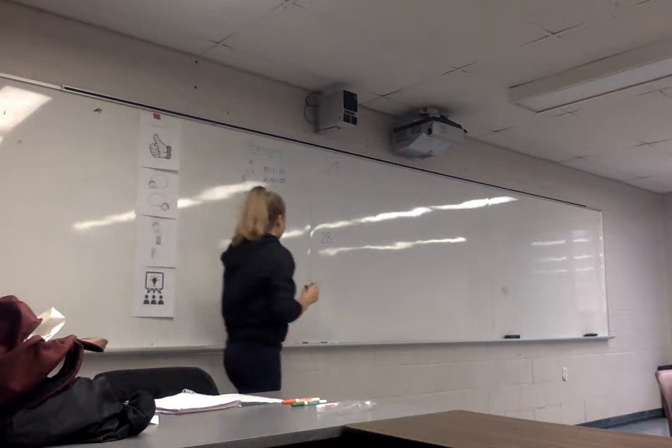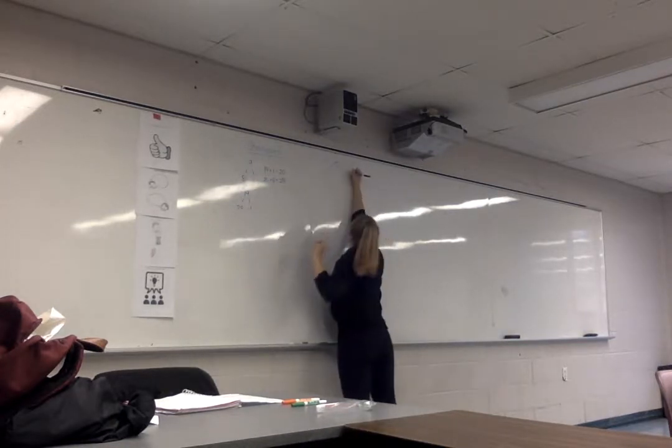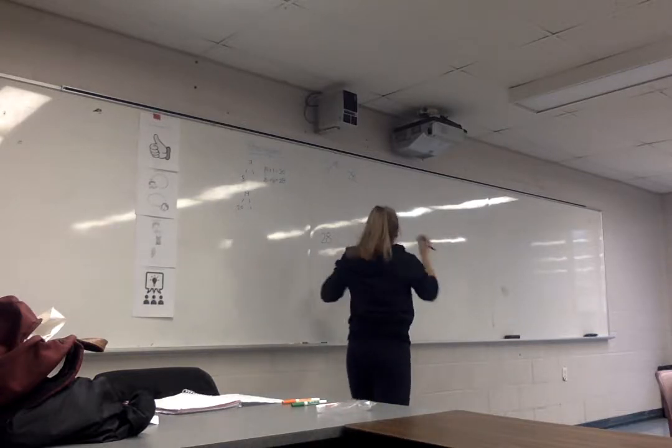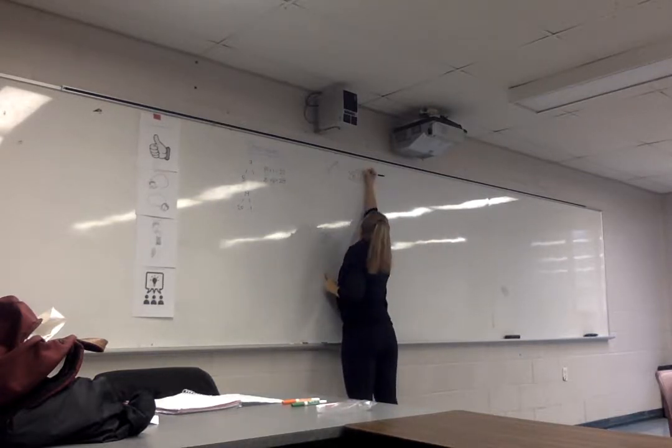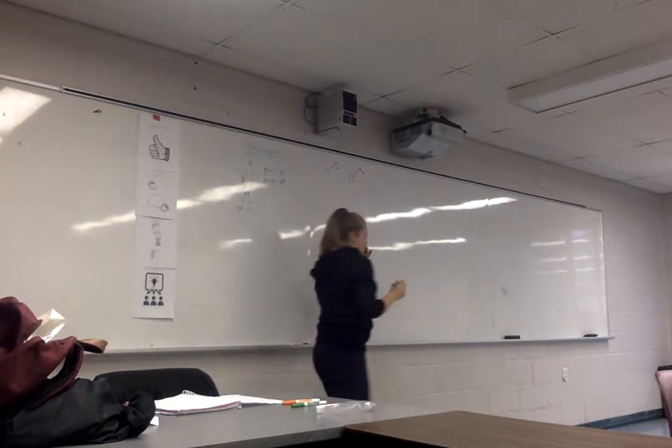We'll try another one. So we're going to read that our next number is 28, right? So now we have 28. We are going to add 19 to 28. So same thing. We have an answer. Show your silent thumb.